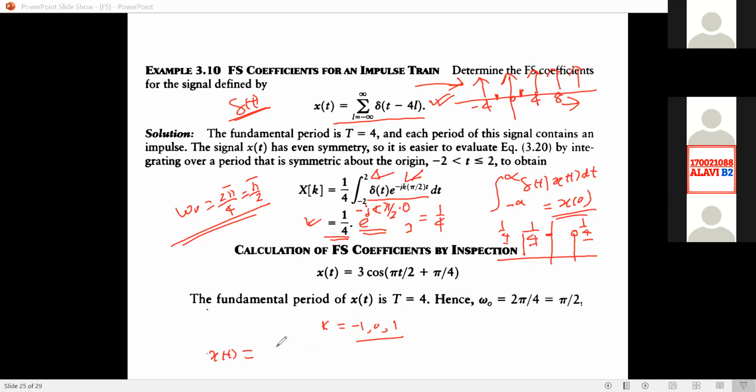Sum over k equal to minus infinity to infinity of xk e to the power j omega 0 kt, isn't it? In our case, we are considering only three values of k, from minus 1 to 1, and omega 0 equals pi by 2, into kt.